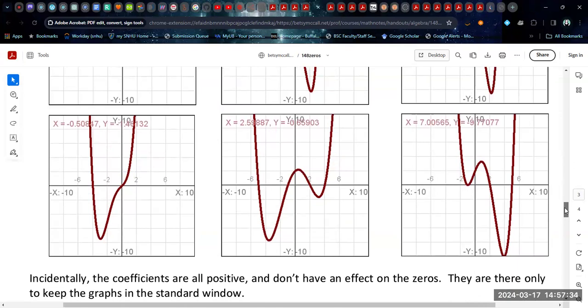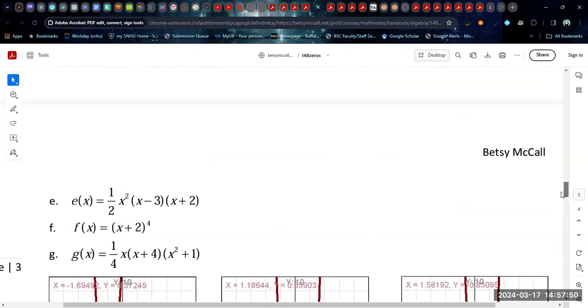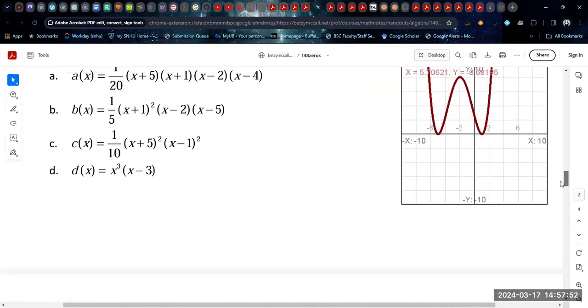And then this last example here, again, we have a linear one at 2, a linear, unrepeated 0 at 5, but we also have this repeated one, power 2 at 1. And so if we go back to our list of functions, that would be this one. So 2 positive zeros and then a repeated one at -1.